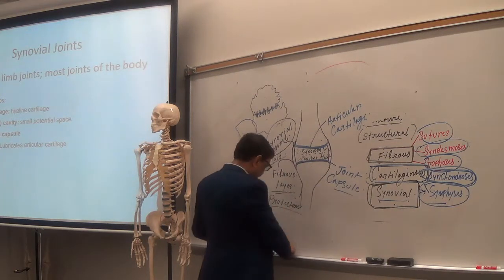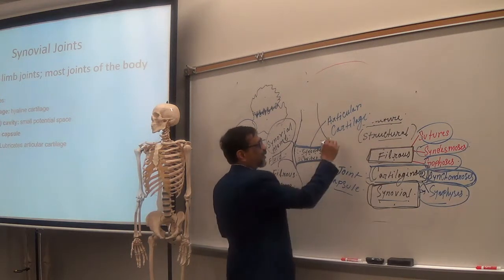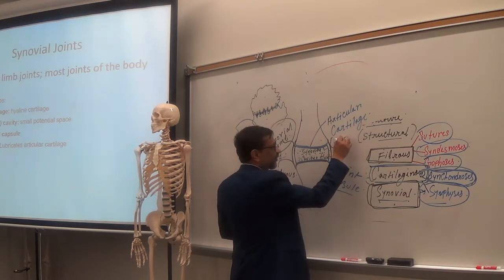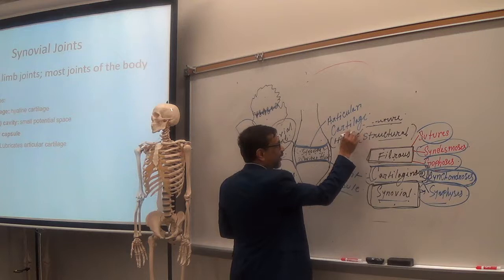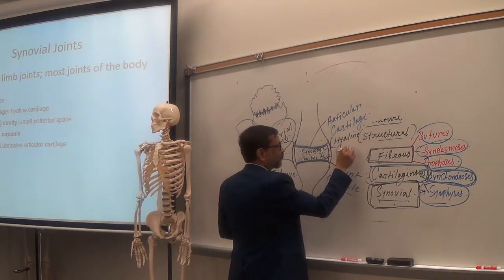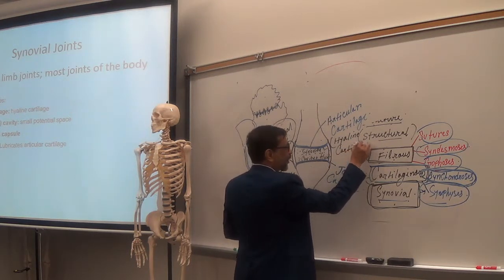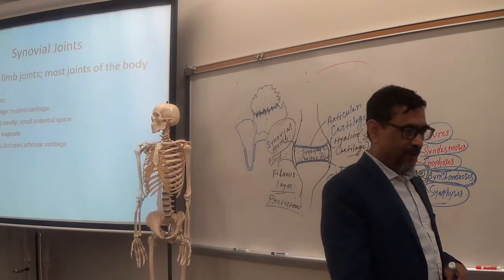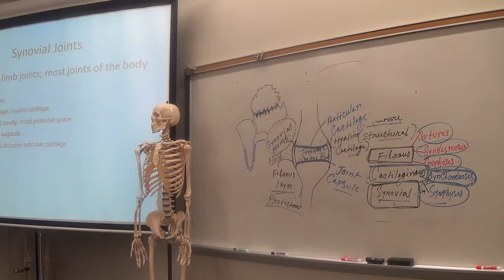What kind of cartilage is this? Its name is articular cartilage. It is a hyaline cartilage.